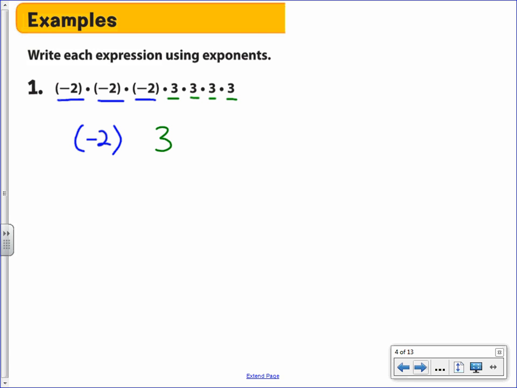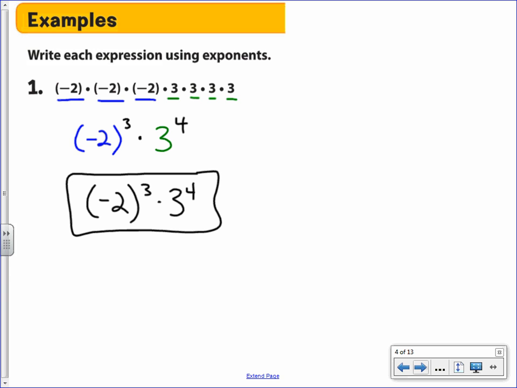Notice that I put my -2 in parentheses just like they did for us. How many repeated factors of -2 do I have? 3. So it's -2 to the third power times 3 to the 1, 2, 3, fourth power. So -2 to the third power times 3 to the fourth power, or -2 cubed times 3 to the fourth power.